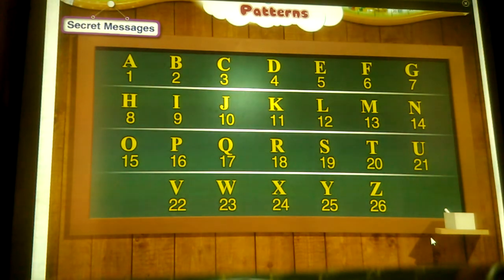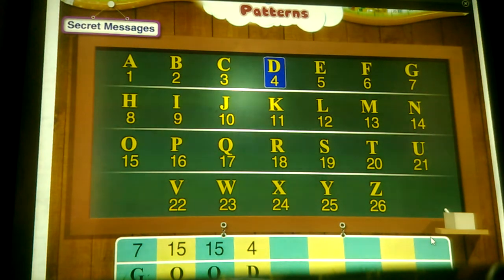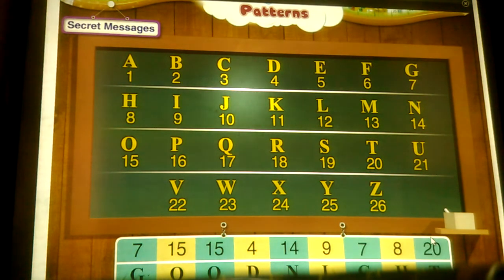In the note, Sonu has shown if we use the same rule, 7, 15, 15, 4, 14, 9, 7, 8, 20 become good night.